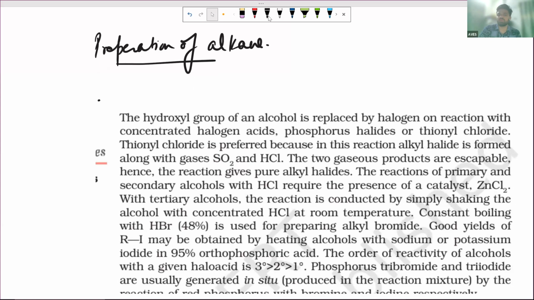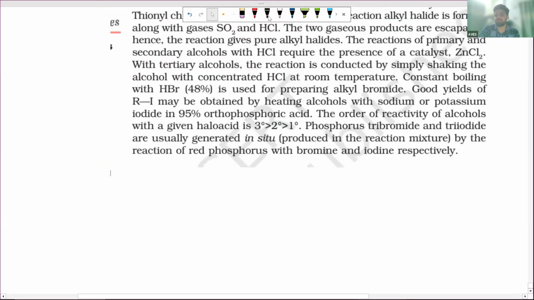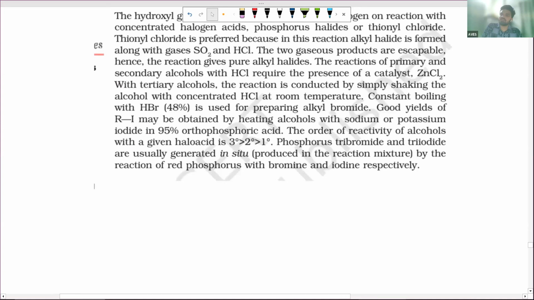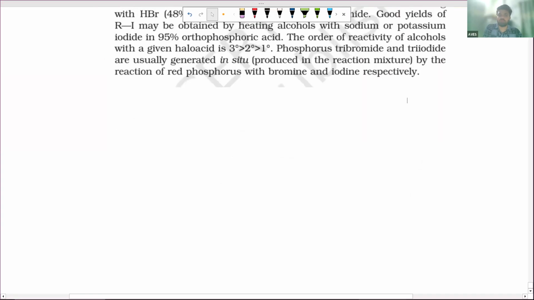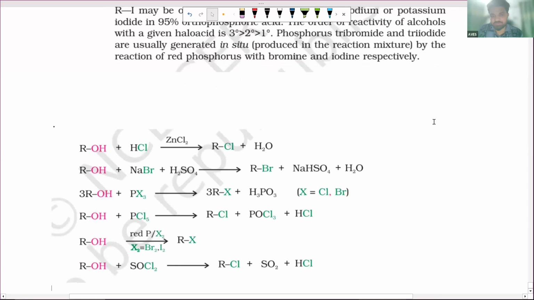There can be many types of reactions used for the preparation of alkane. The first type of reaction is when alcohols react with halogens, converting into halides. Let me explain that halogens play a very important role. For example, in these reactions from the NCERT, this is an alcohol.